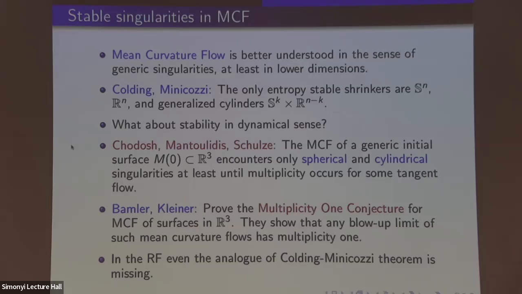And then the next question you can ask is the stability question. Can we also say something about the stability in this dynamical sense? Recently there is a result of Chodosh, Choi, Mantoulidis, and Schulze, who also proved a result in R^3 for surfaces. They proved that the mean curvature flow of a generic surface M_0 can encounter only spherical or cylindrical singularities, at least until multiplicity occurs for some tangent flow.